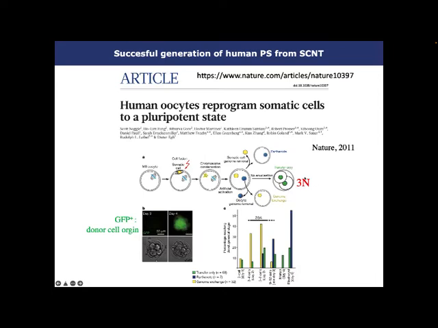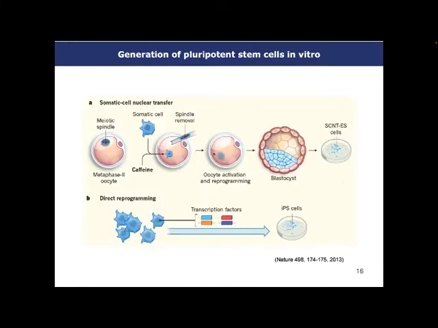So we can create the 3N embryonic stem cell. However, the 3N cell does not reflect the original genomic information, which is not very useful for clinical application or other basic science studies that can be done with pluripotent stem cells. Therefore, somatic cell nuclear transfer is possible for other animal species, but it is extremely difficult to establish human embryonic stem cells by SCNT technology.